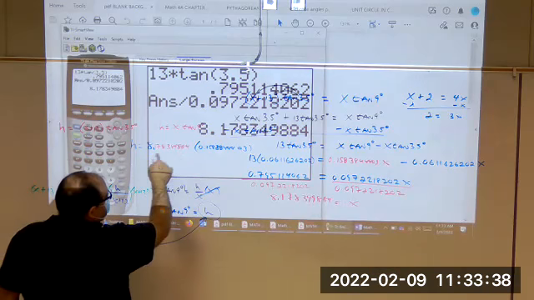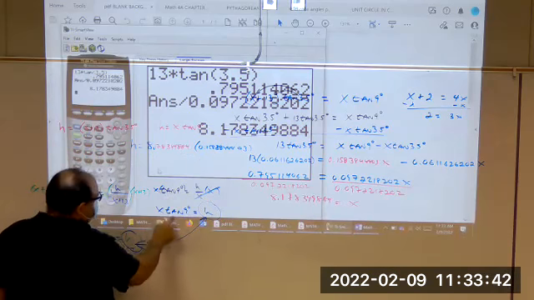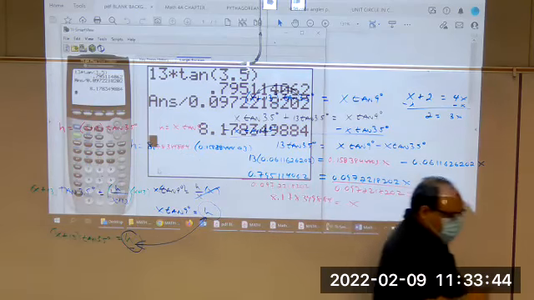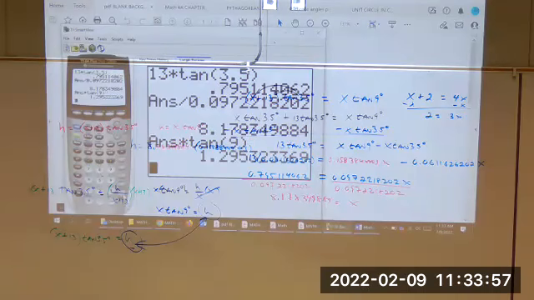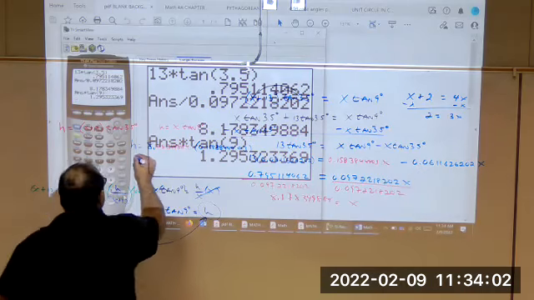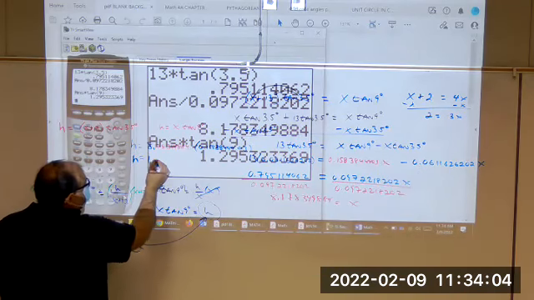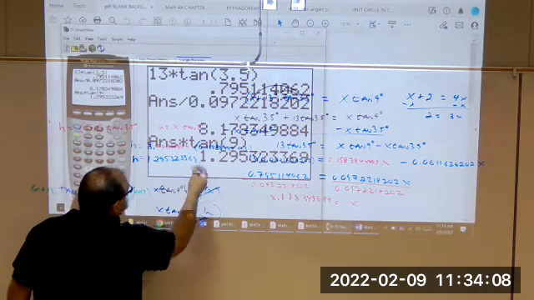Now I'm going to take this and multiply times the tangent of 9 degrees. So the last answer times the tangent of 9. And we get h, the height, is equal to 1.295323369.